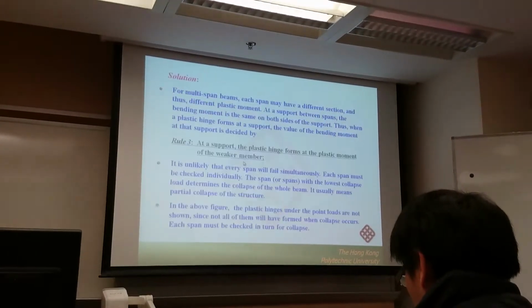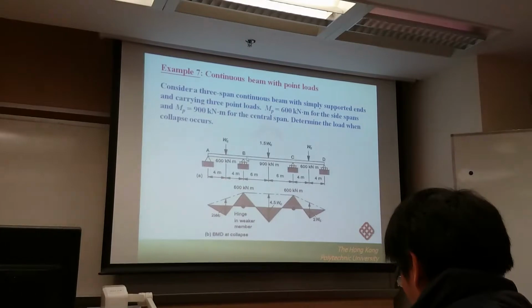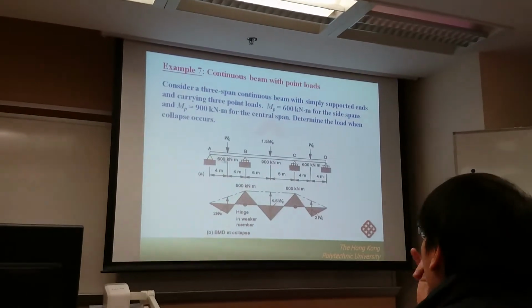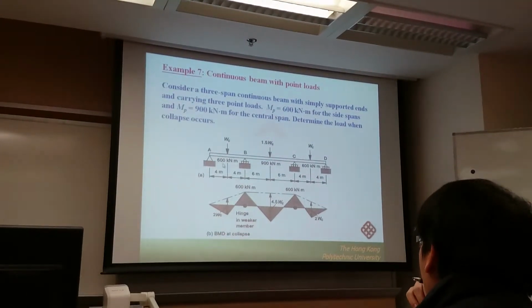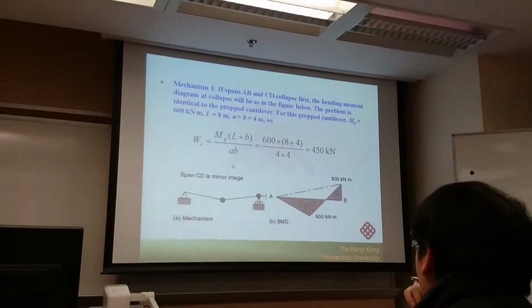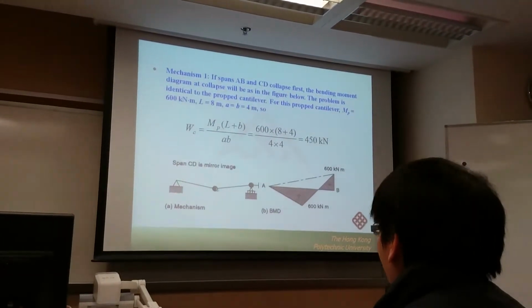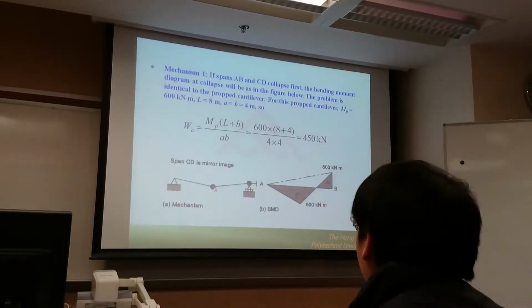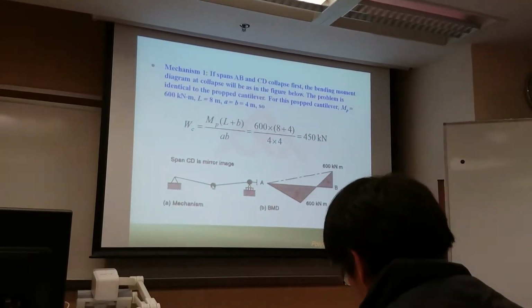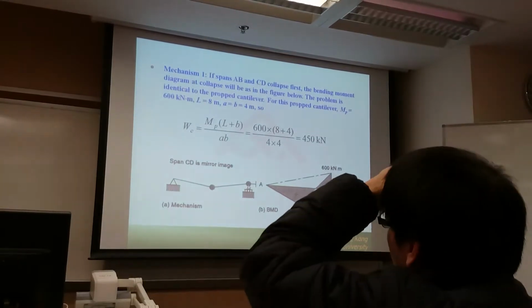According to rule 3, the plus moment at point B is equal to the lesser value, so it is equal to 600. Please understand, the plus moment at this location is 600.